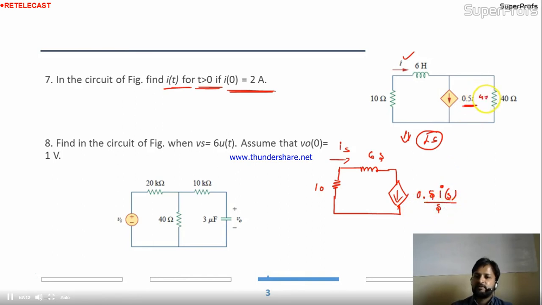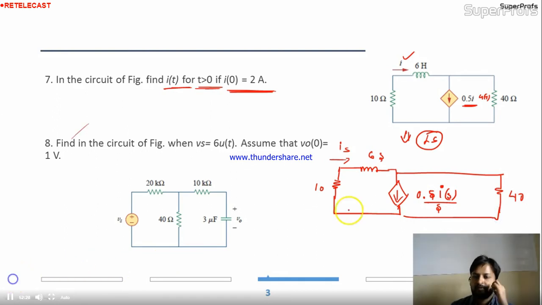It's kind of a step, u(t), right? 0.5 I u(t). So I can take it as 0.5 Is by s. Come to this. This is 40. This is the source, 0.5 Is by s, and this is a resistance, so it will be as it is, 40.